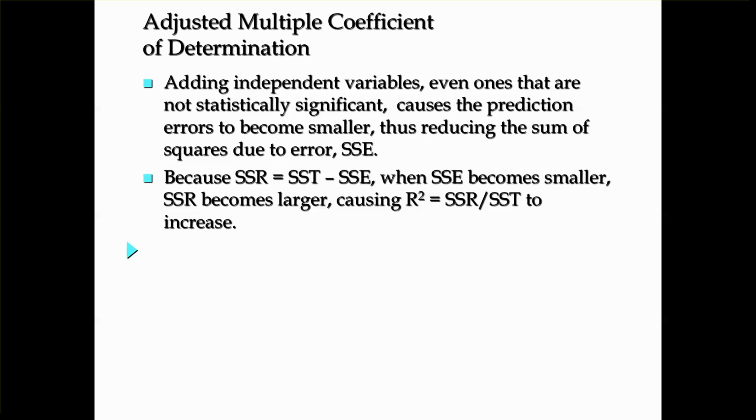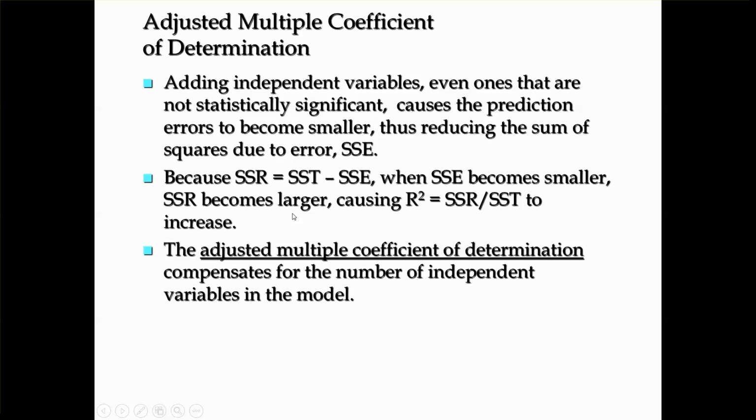So statisticians created a new statistic to measure the goodness of fit of the model, called the adjusted multiple coefficient of determination. This statistic compensates for the number of independent variables in the model, which means adding variables becomes a penalty on the value of your R square.